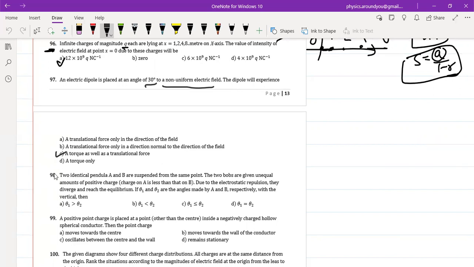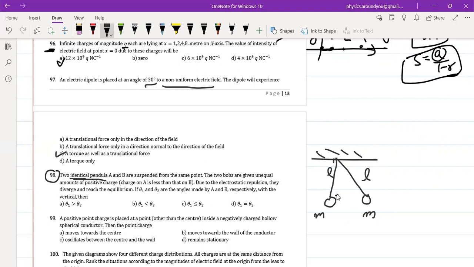Now going to question number 98. Two identical pendula. We have discussed the case in the class, right? Now two identical pendula, which means they have same length and same mass.